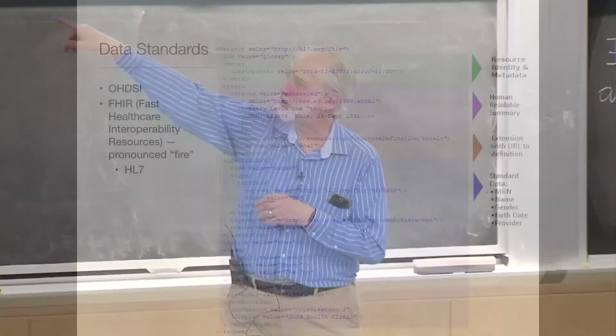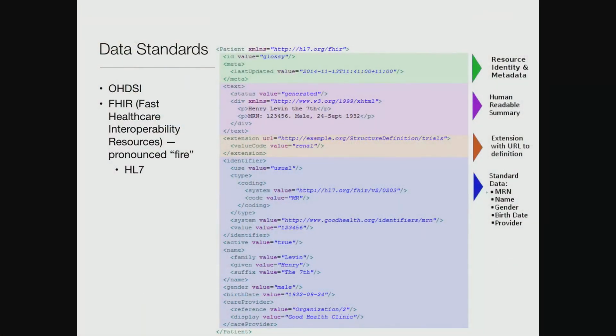It's ugly. So here's what a patient looks like. It's the usual unreadable XML garbage. But fortunately, there are parsers that can turn it into JSON and simpler representations, and so that's pretty common.